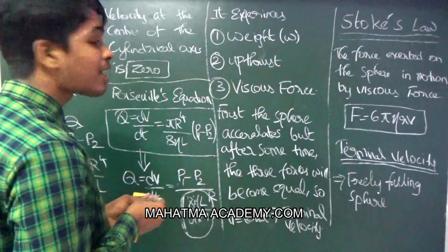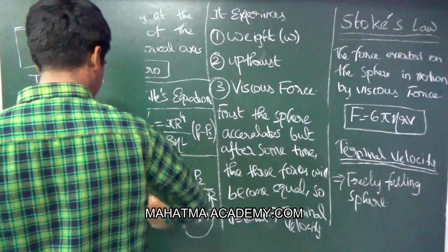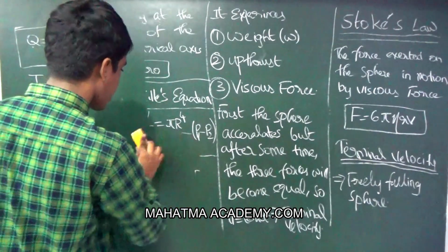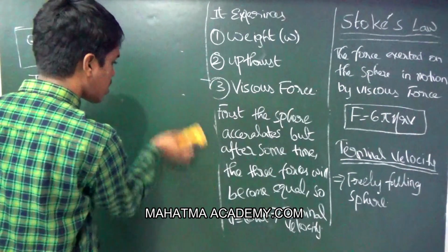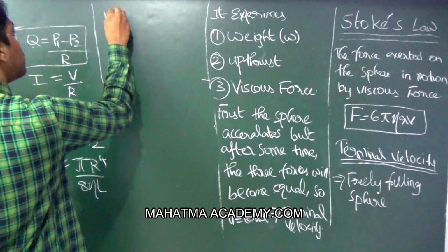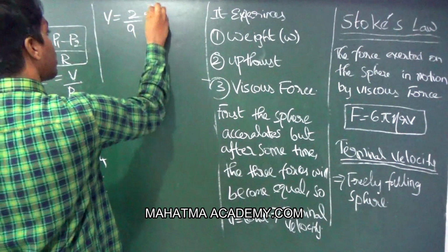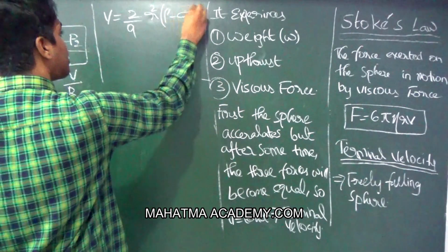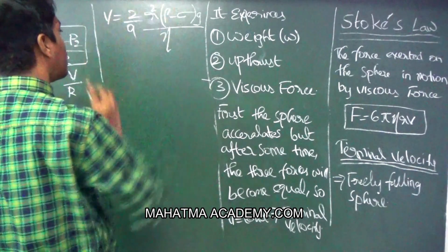The formula of terminal velocity is v is equal to 2 by 9 r square rho minus sigma into g upon eta.